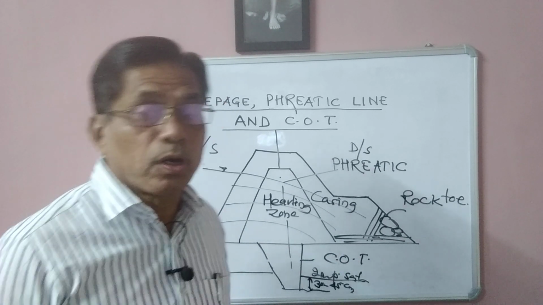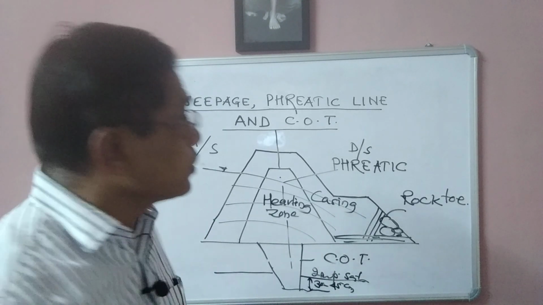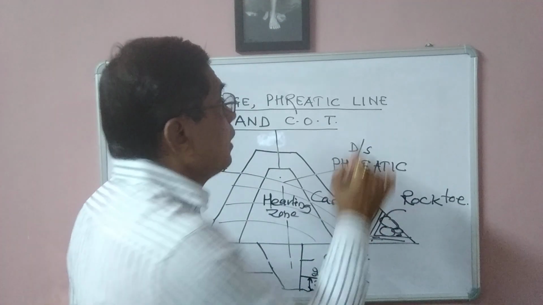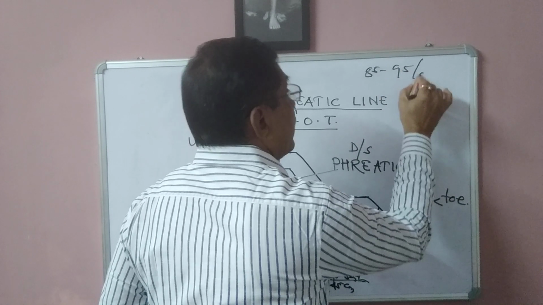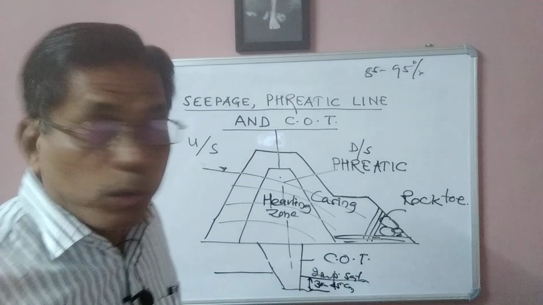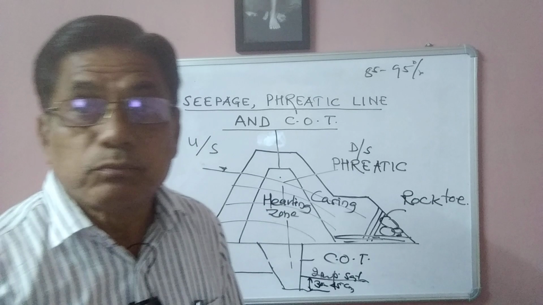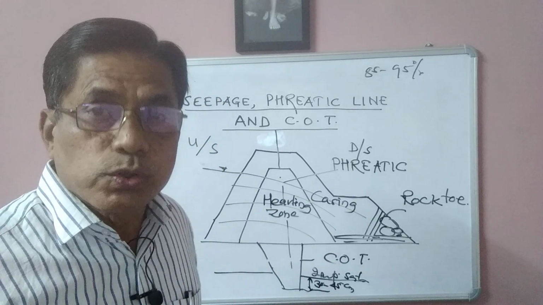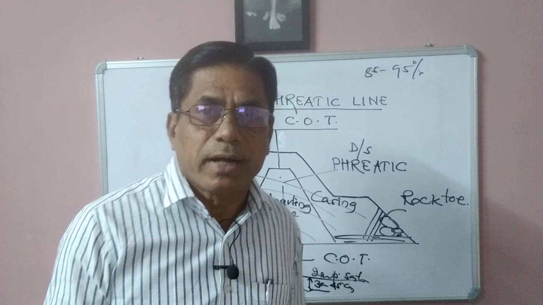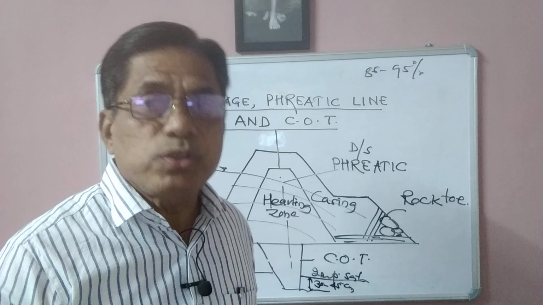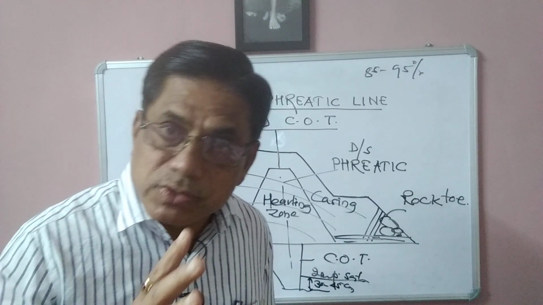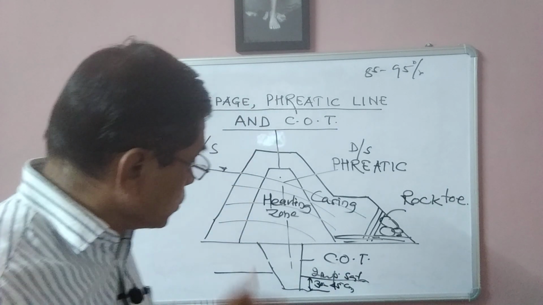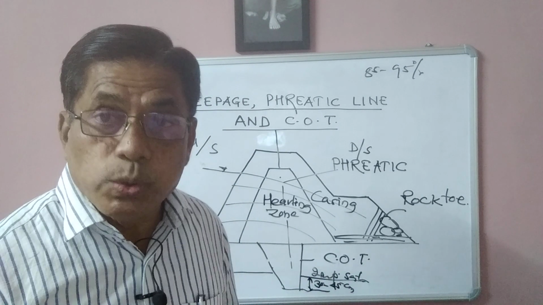This full cutoff reduces the seepage through the foundation near about 85 to 95%. So the main purpose of the cutoff trench is to reduce the uplift pressure or to reduce the seepage about 90%. So this is called as full COT.